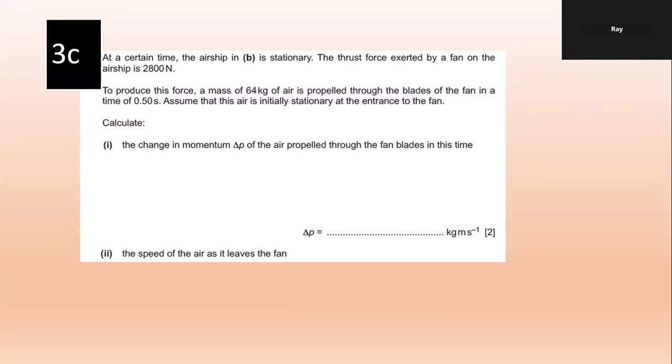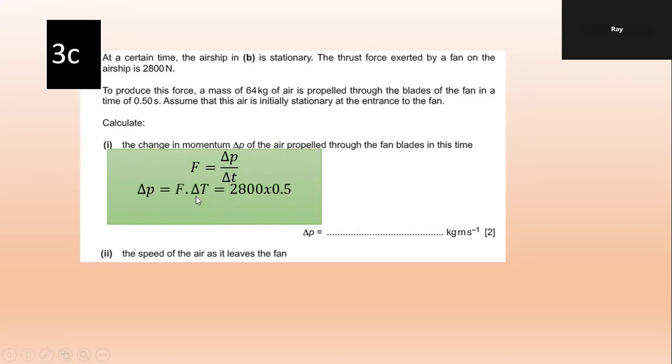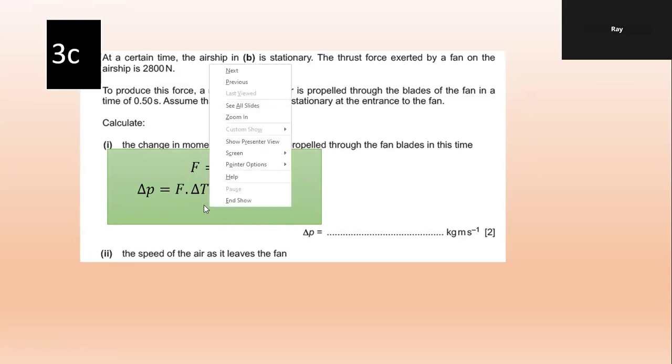Assuming the air is initially stationary at the entrance to the fan, calculate the change in momentum. Right? Go to the change in momentum formula. Right? Cross multiply. Sorry, that one should be small t.